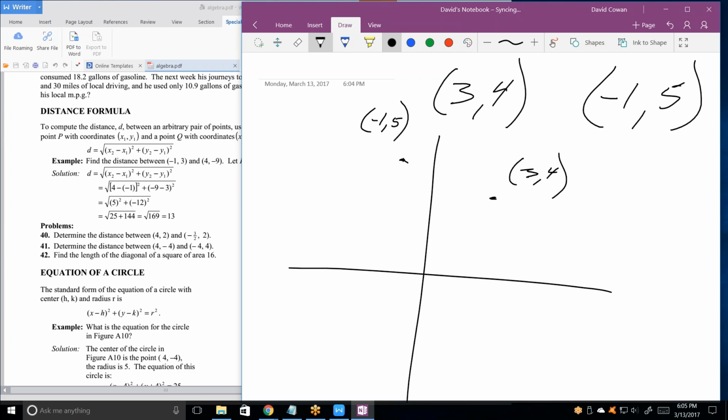Notice that this distance is always the hypotenuse of a triangle if I were to draw a triangle. And what's the formula for the hypotenuse of a triangle? A squared plus b squared equals c squared. So c equals the square root of a squared plus b squared.